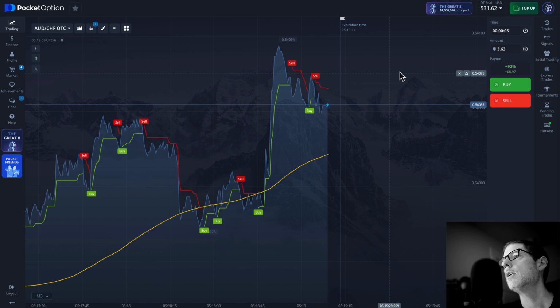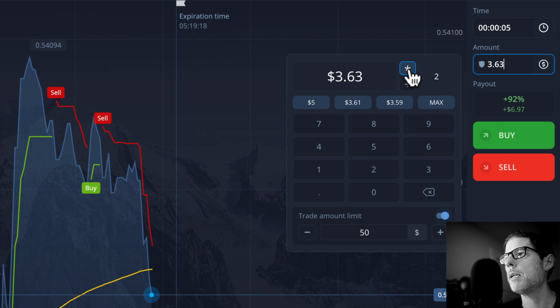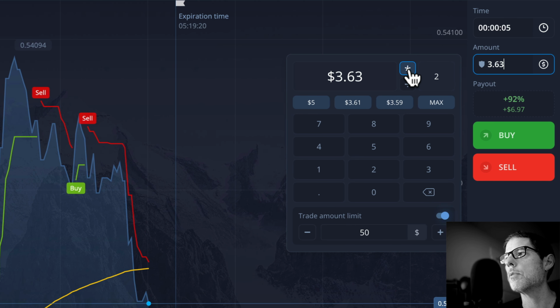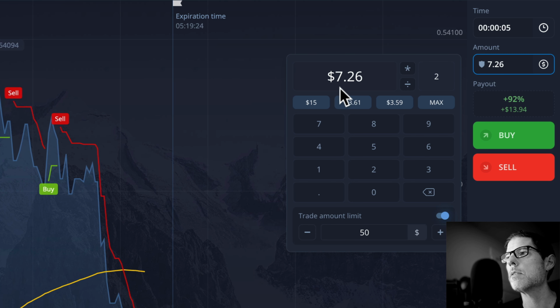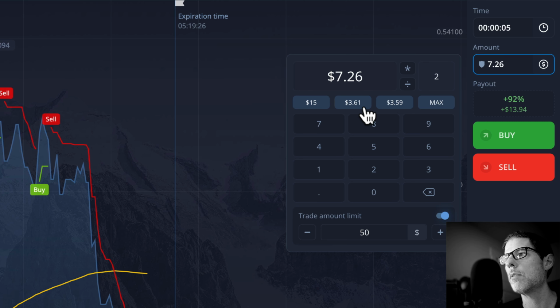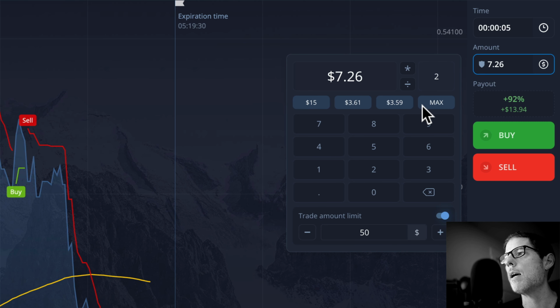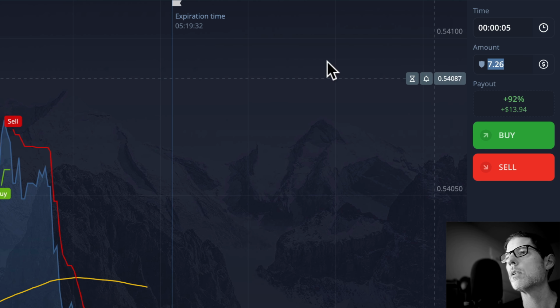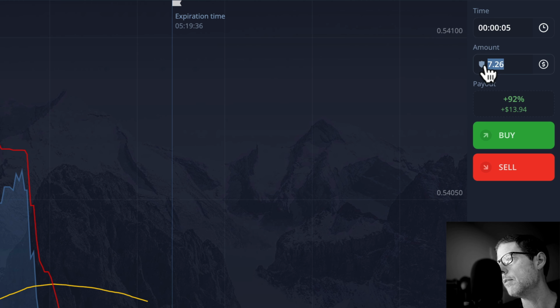Over here, you can click on this little multiply button. So instead of 363, if you click that, now it's 726, right? That's 2 times whatever trade amount you have entered in here. But I'm not going to do that. 363.